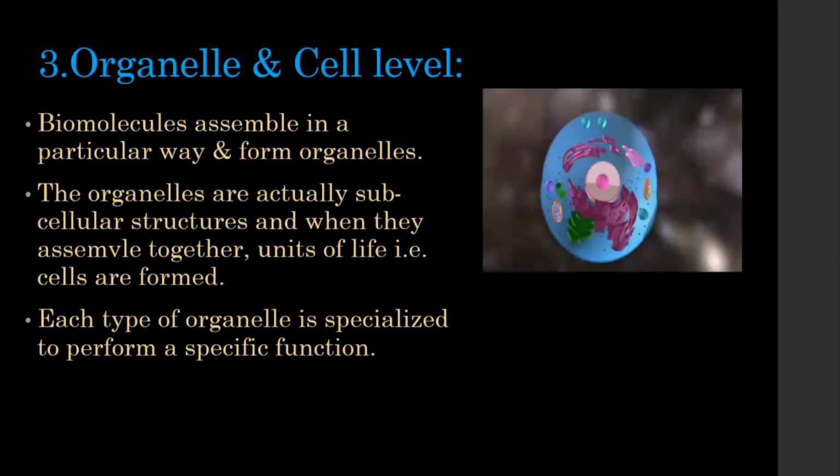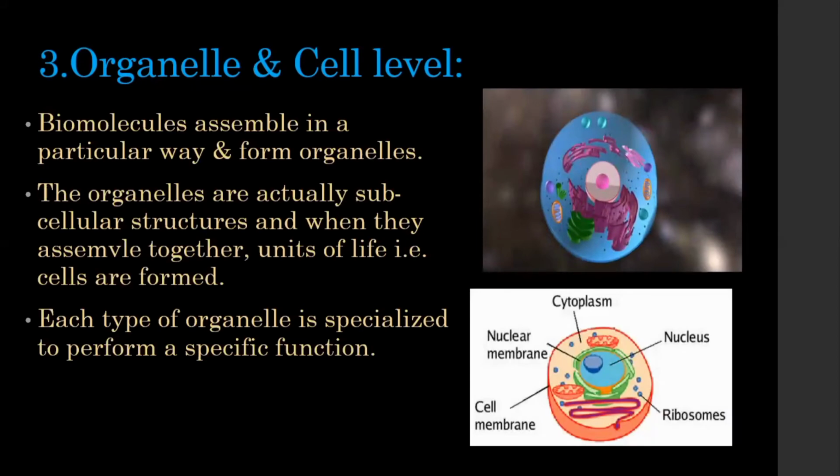Now, the third level of organization is organelle and cell level. Biomolecules assemble in a particular way and form organelles. The organelles are actually subcellular structures, and when they assemble together, units of life, that is cells, are formed.